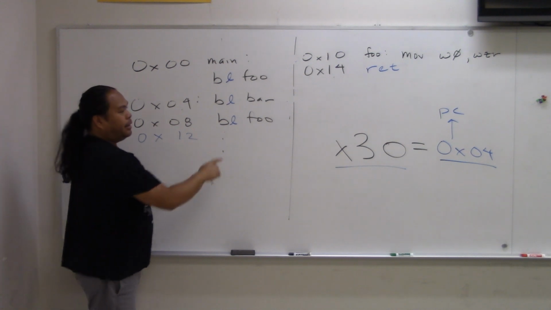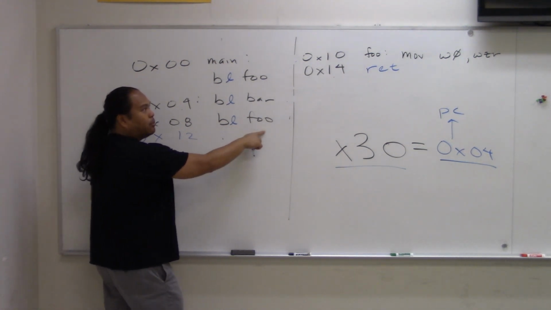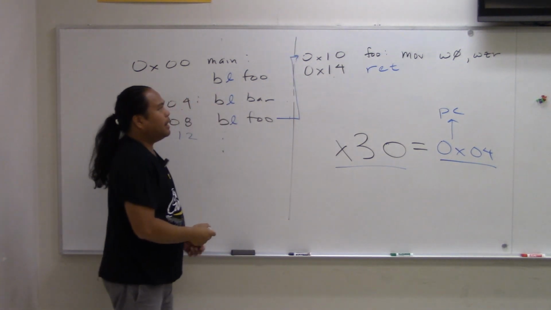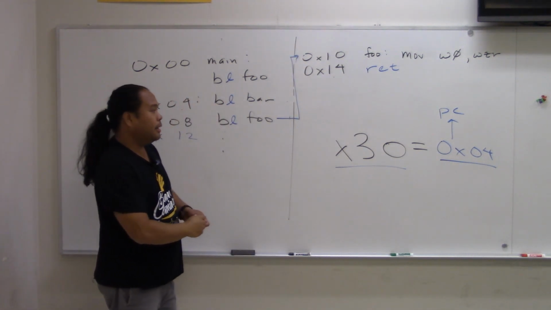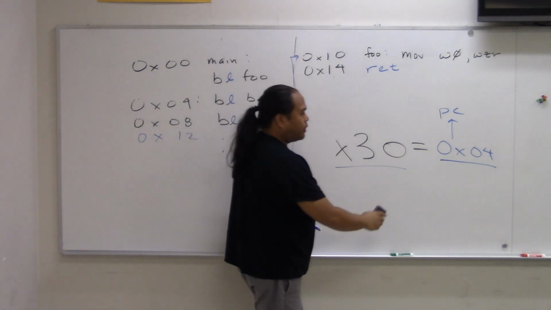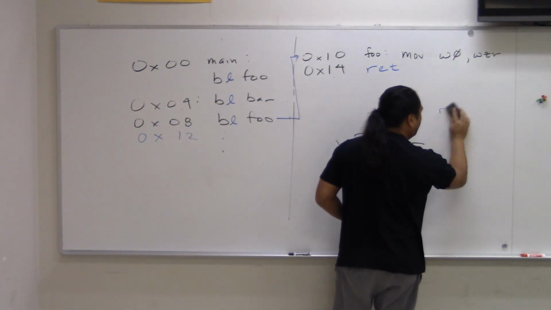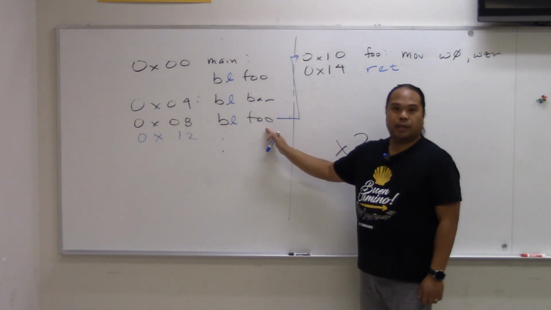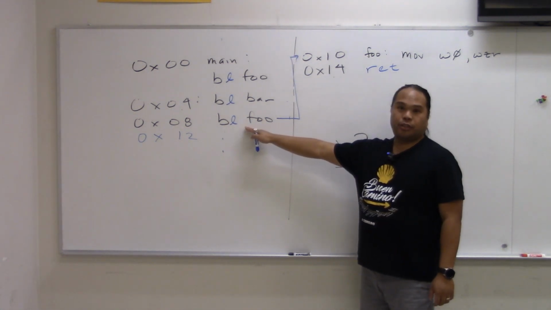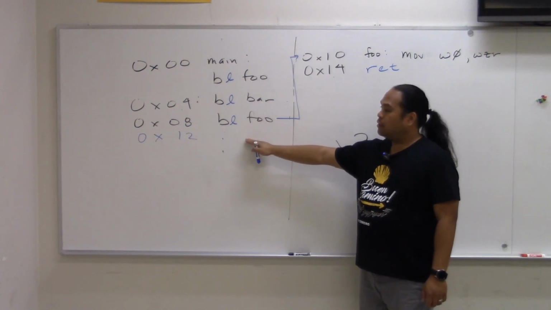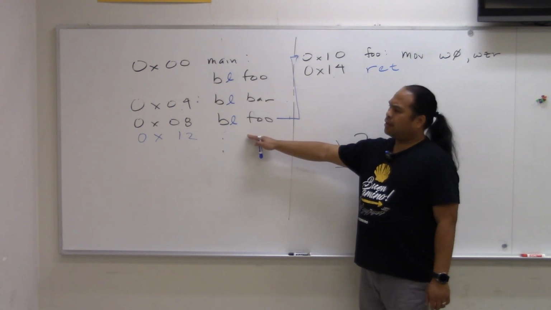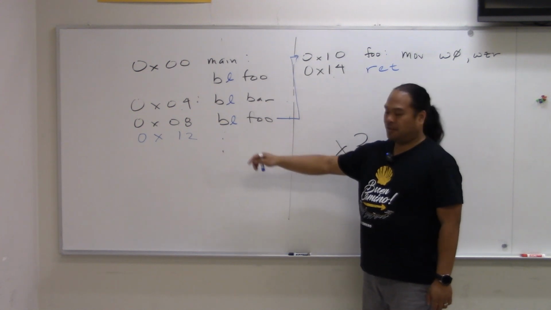You hit this instruction 8, it branch and links to foo, and then remember, not only does it alter the program counter to jump to wherever foo is located, it clobbers whatever the contents of X30 are, and replaces it with the PC plus 4. In this instance, this branch and link to foo, located at 8 plus 4, should be 12. Actually, should that be 12? That's 8 plus 4 is hex C, right?